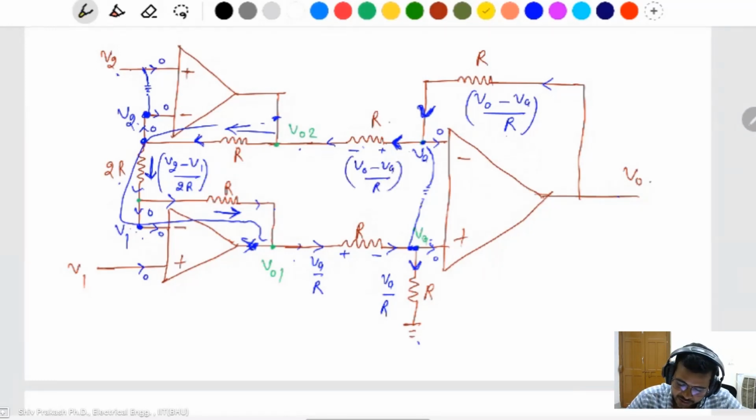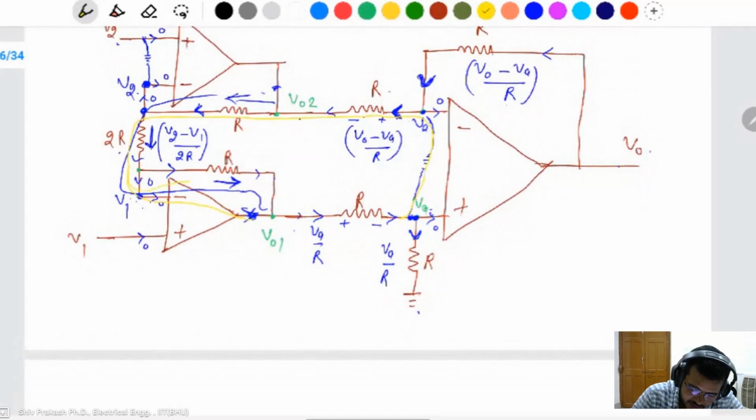Then take the KVL of this one. This is the short, and take this from here to here. I will start from here. The current flows here, from this there to there.